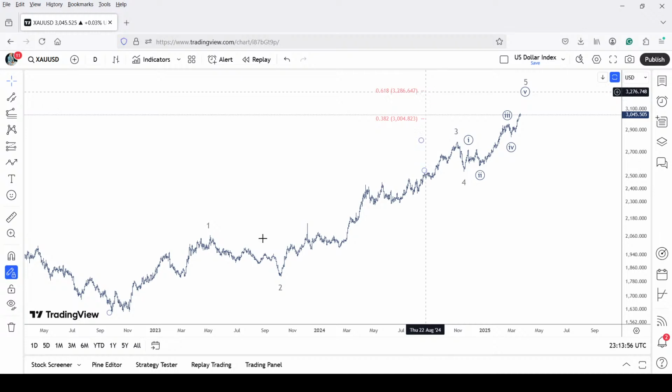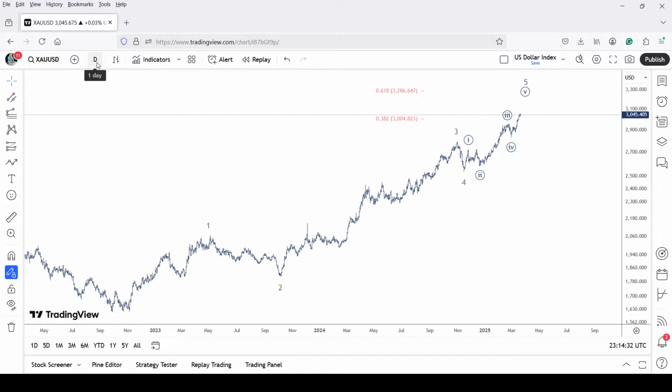And the potential targets for the entire rally could be toward the 3300 mark as well. Within minor wave 5, price action has completed 1, 2, 3, and 4, and possibly we are now into the fifth wave. And within the fifth wave, prices have already completed wave 1, 2, 3, and 4, and now the minute wave 5 is progressing within the minor wave 5, so almost the last 5 waves.